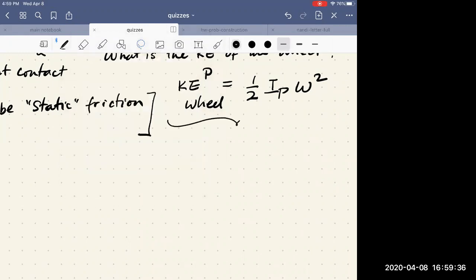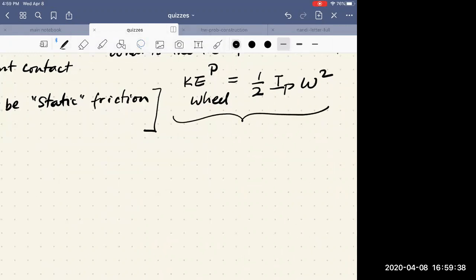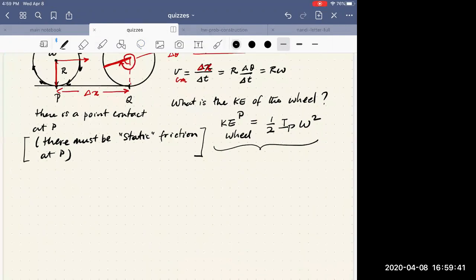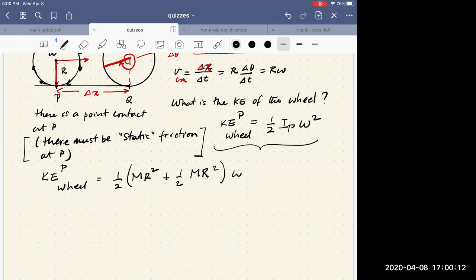So what I'll say is I'll write KEP of the wheel is equal to 1/2 m r squared, plus 1/2 m r squared, times omega squared.